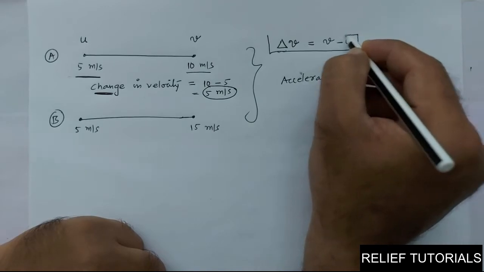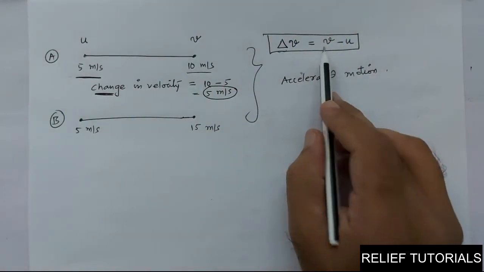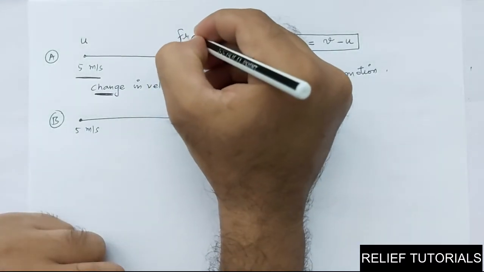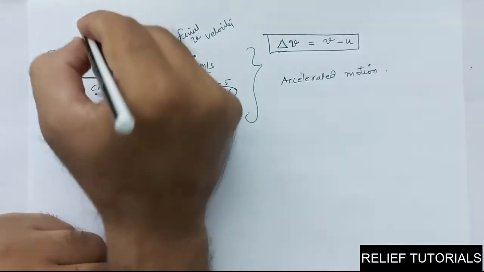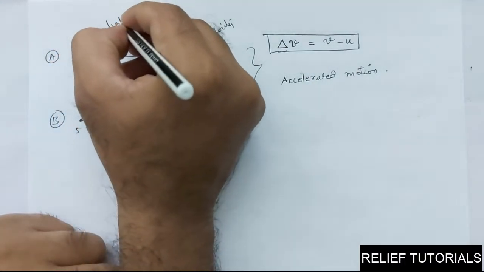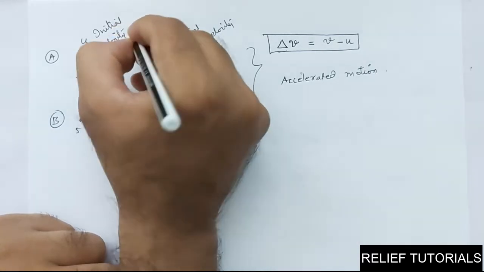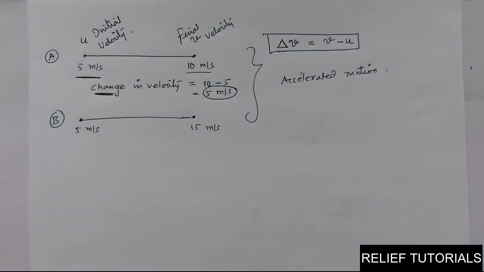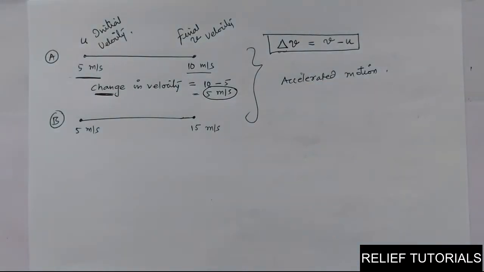So delta v means v minus u, where v is final velocity and u is initial velocity. So delta v means final velocity minus initial velocity.